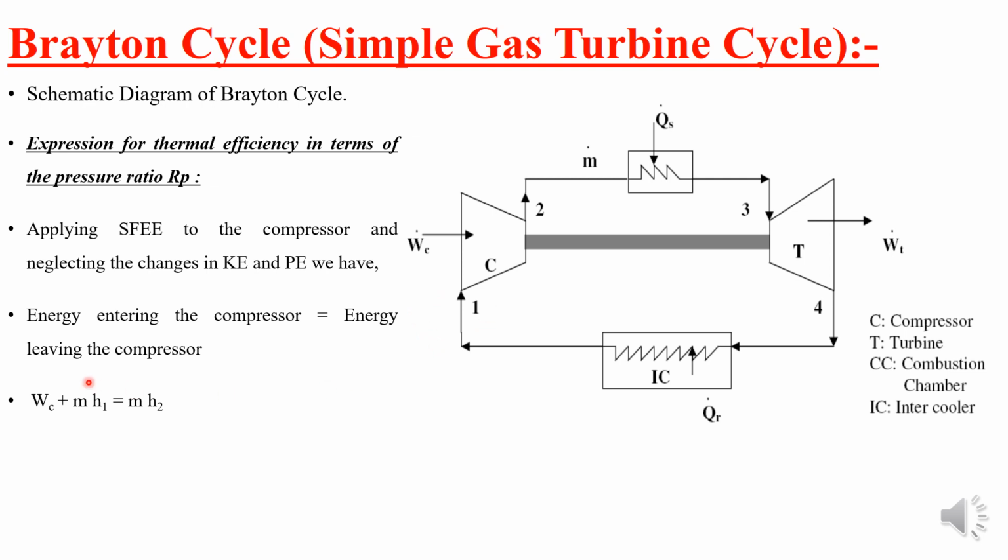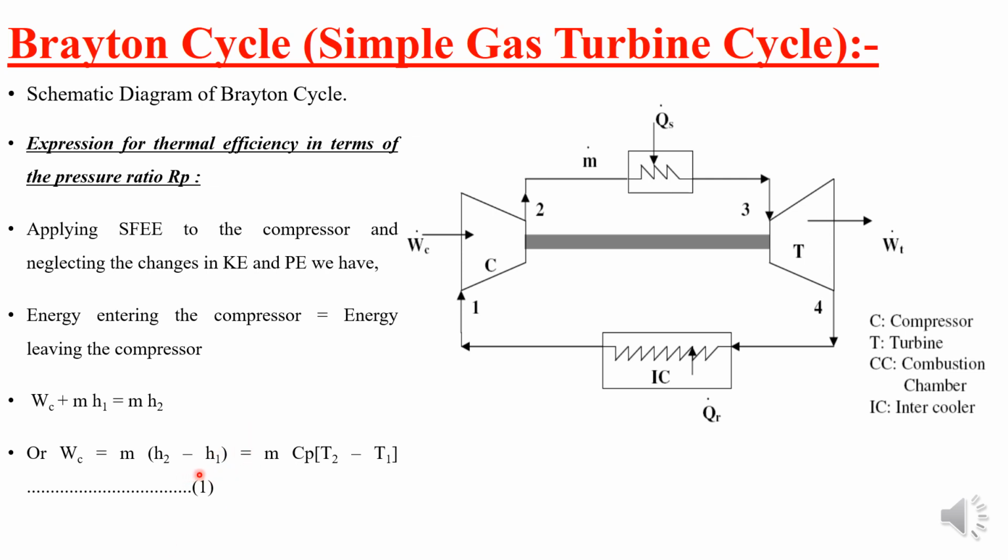We are not considering unit mass. Some mass M is flowing through the system. So M into H1 in, and output will be M into H2. Now rearrange the terms. So what you will get: WC equals M into H2 minus H1.